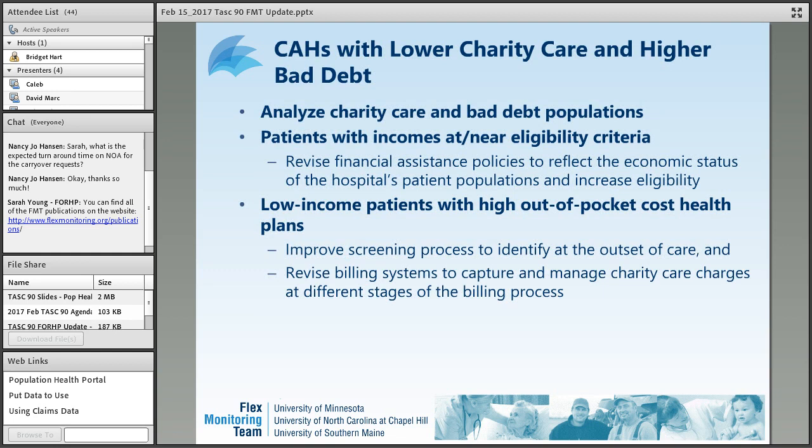What are the measures of preventable hospital stays? Are we making a difference? Percent of individuals without a personal doctor, and those that haven't seen a doctor in the past 12 months due to cost. So I'm down to a couple of slides, and I'll finish up.